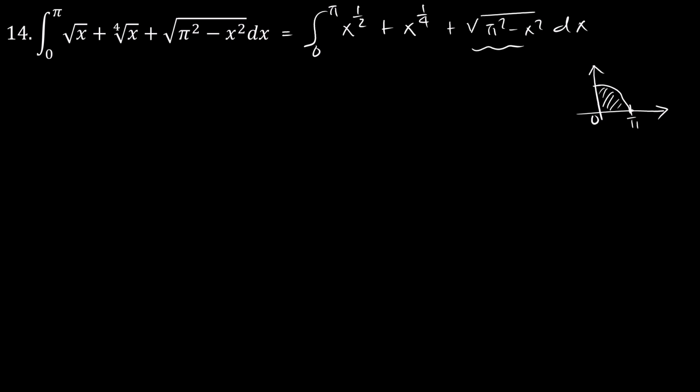And so what happens is we can now integrate this as, obviously adding 1, this becomes 3 over 2, so we do have 2 over 3 x to the 3 over 2 from 0 to pi, plus 4 over 5 x to the power 5 over 4 from 0 to pi, and the area of this quadrant is a quarter times the area of the circle.